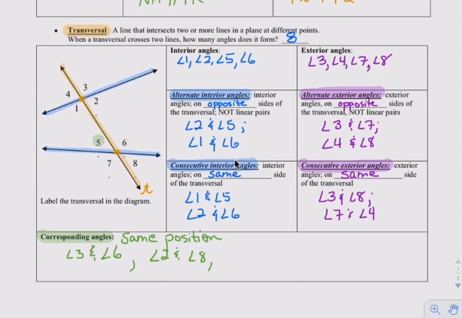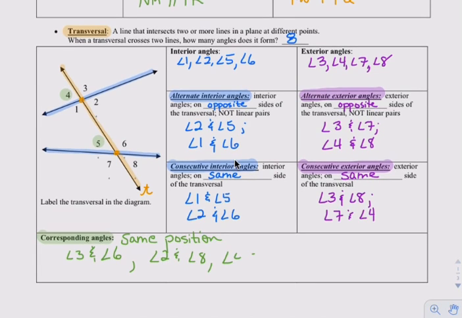Well, 5 is kind of upper left or like northwest corner. And so on the left side of the orange line and above the blue line would be angle 4. So 4 and 5 correspond. And then lastly, 1 and 7 would go together. Angle 1 and angle 7.